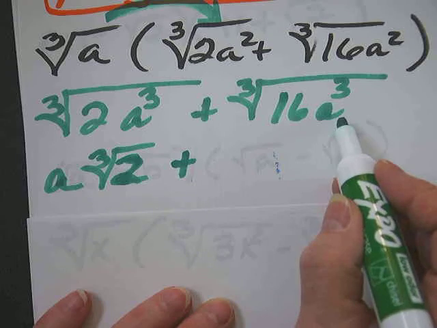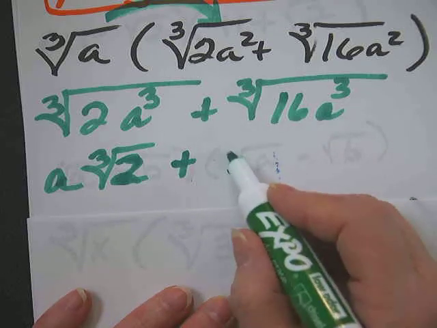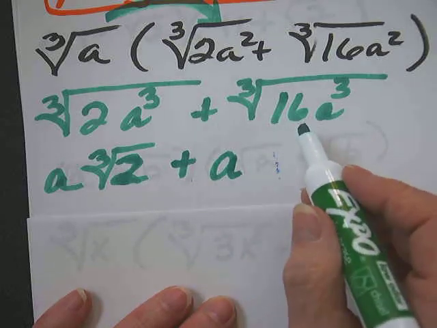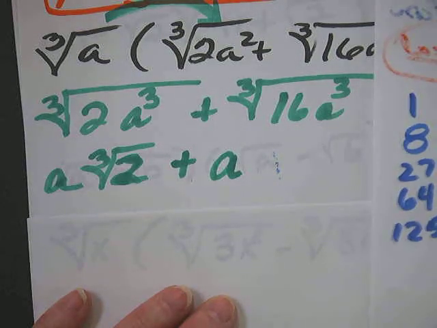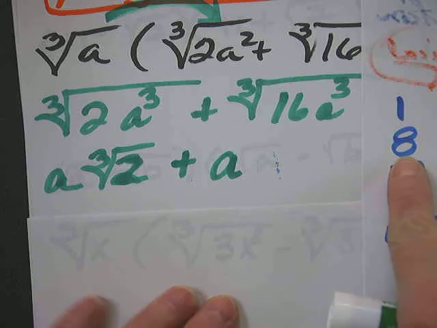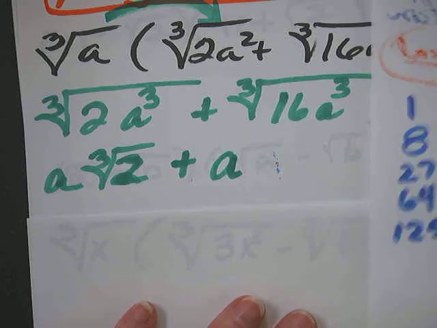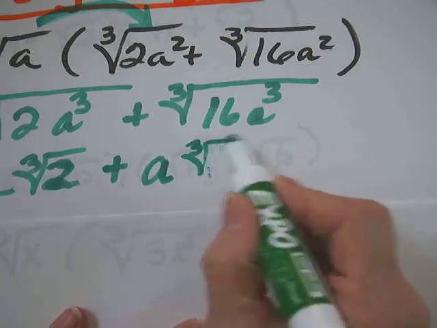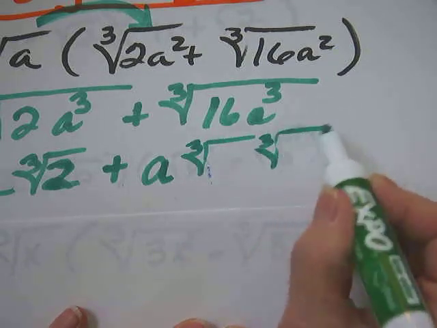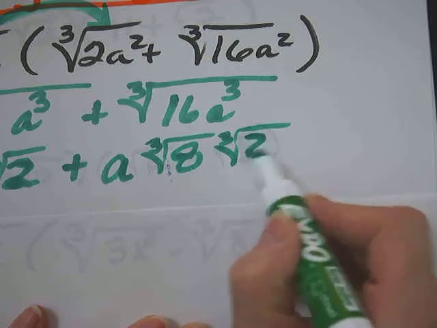The 2 will not come out of a cube root. Can't cube anything to get 2. So that has to stay under. The a cubed can come out as a, right? This 2 has to stay under the cube root. Looks like a z.